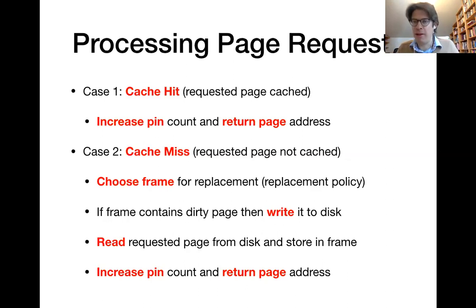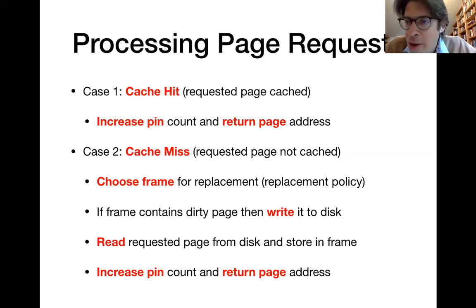Now, if we have a cache miss, which means that the requested page is not yet stored in the buffer pool, then things become more expensive. The first thing the buffer manager needs to do in this case is to choose a frame for replacement. Of course, in principle, it could be that we have certain frames that are currently unused, that are empty, so we can simply copy a new page into them. Now, when running your database management system for a while, that is atypical.